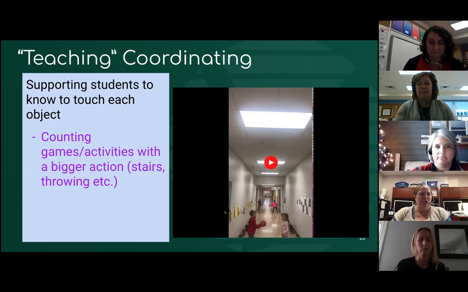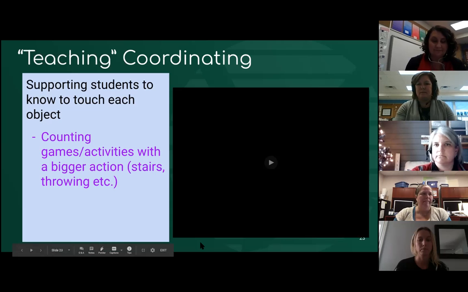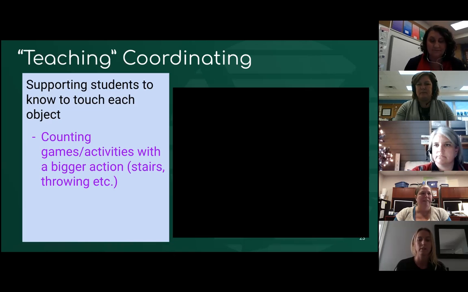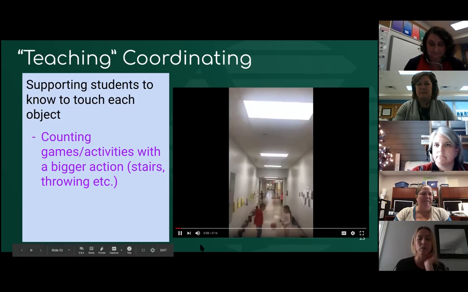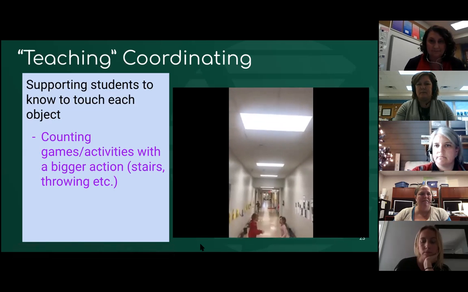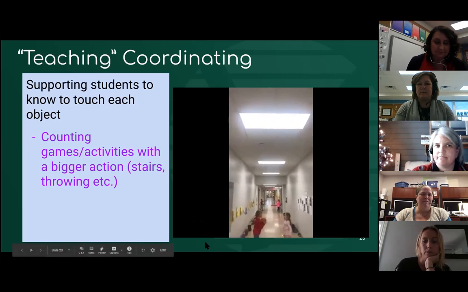So one thing that we'll do, for example, is toss a ball, like these 2 children are doing. Oops. I'll try it like this. 1, 2, 3, 4, 5, 6, 7, 8, 9.